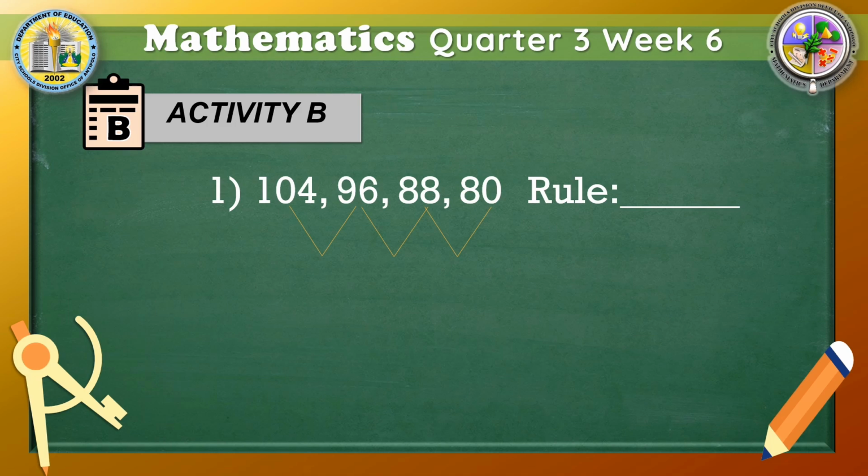Get the difference between 104 and 96, and that is 8. So the rule is subtract 8. 104 minus 8 is equal to 96. 96 minus 8 is equal to 88. 88 minus 8 is equal to 80. The letter of the correct answer is letter C.